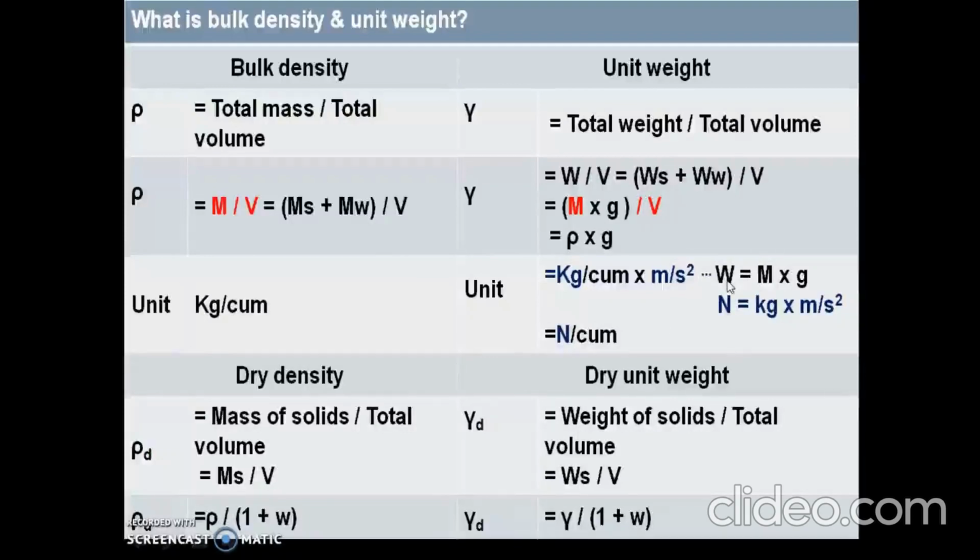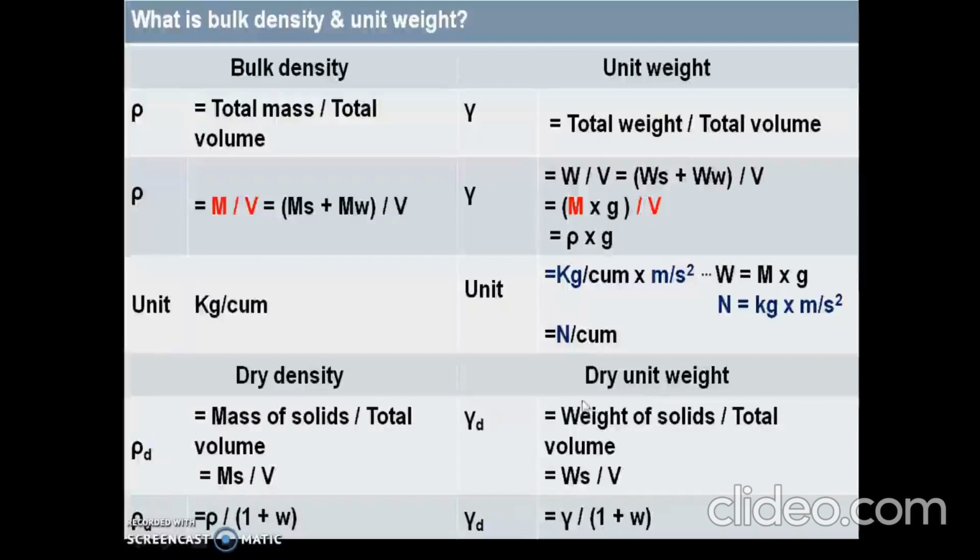That is, we know that weight is equal to mass into acceleration due to gravity. Unit of mass is kg and unit of g is meter per second square. Hence, 1 kg meter per second square is written as 1 Newton. Hence, unit of gamma is equal to Newton per cubic meter.